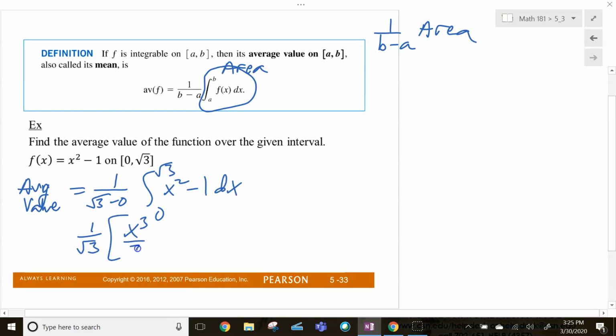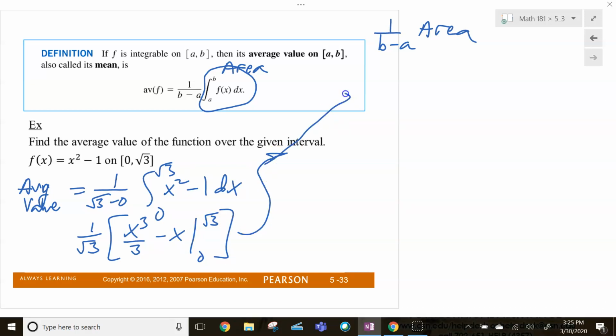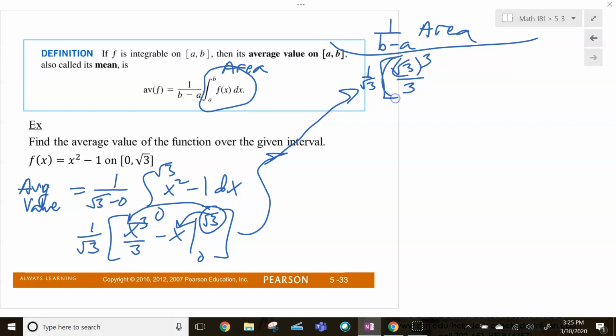So x cubed over 3 minus 1x from 0 to √3. 1 over √3, and now I'm throwing √3 in for x each time. So √3 to the third over 3 minus root 3, and then minus, now I'm throwing 0 in, 0 cubed over 3 minus 0.